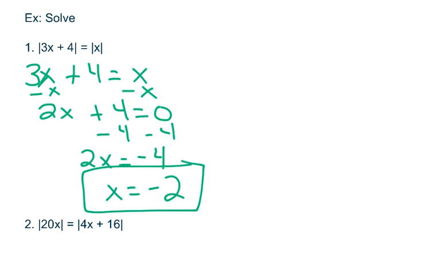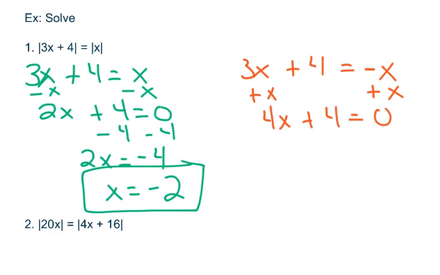Second part, we need to drop the brackets again. 3x plus 4 is equal to x. Now, what we need to do is put a negative sign out in front of the right-hand side to make it an opposite, okay? But now it's the same problem. We're going to solve it just like normal. Going to put the variable on the left by adding x. 3x plus 1x gives me 4x plus 4 is equal to 0.